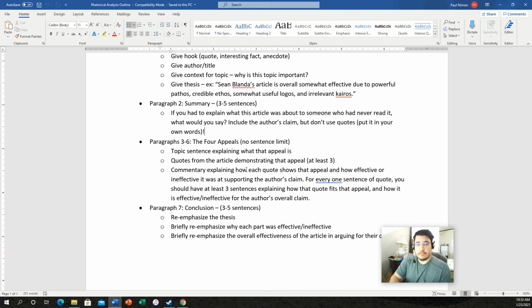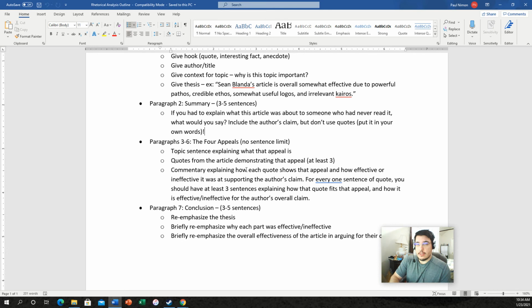And explain. For her ethos, does she establish her own credibility, her own character? Does she establish credibility and character of people that she quotes from? If yes, great. What was that credibility? What was that character? How does she do that? Does she do it well?